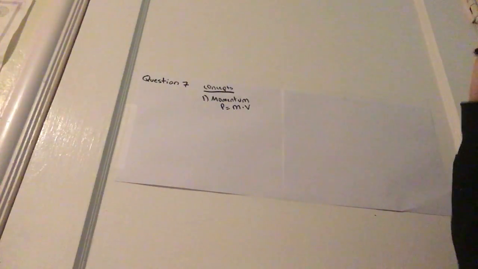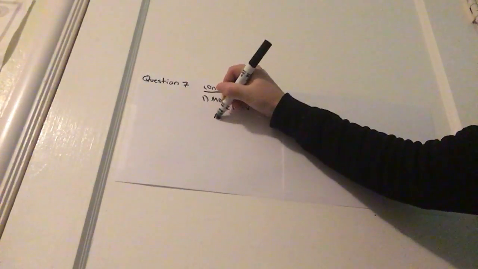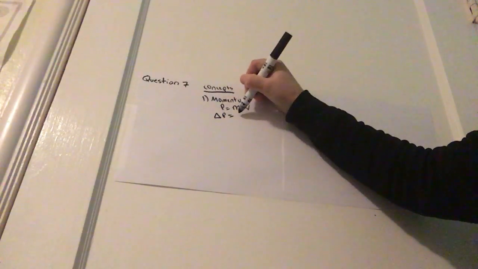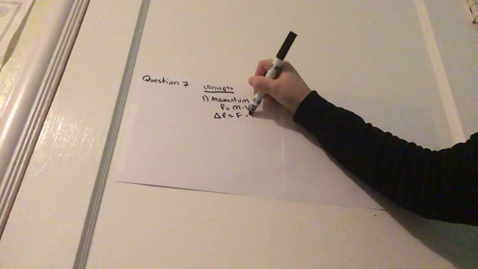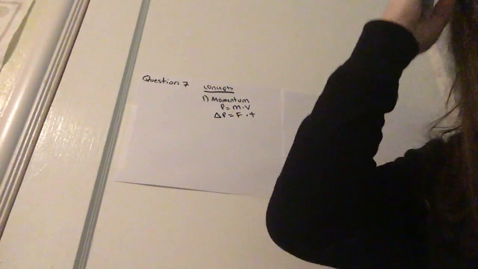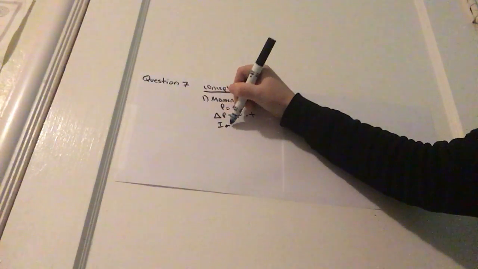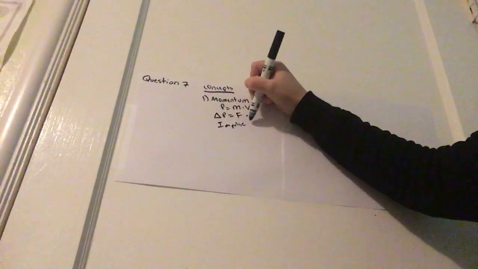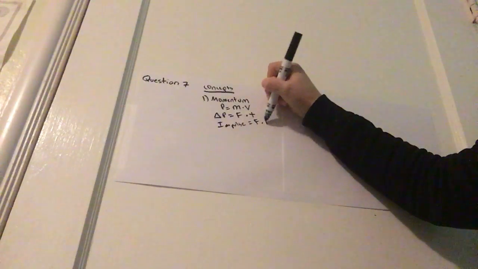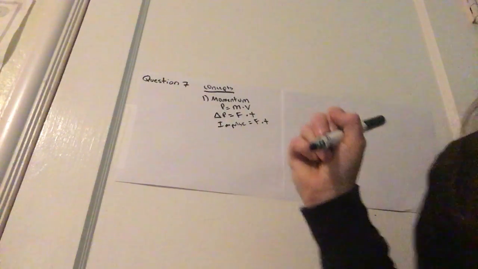So we express change in momentum, or change in p, as force times time, and this is often referred to as impulse. So impulse is equal to force times time.